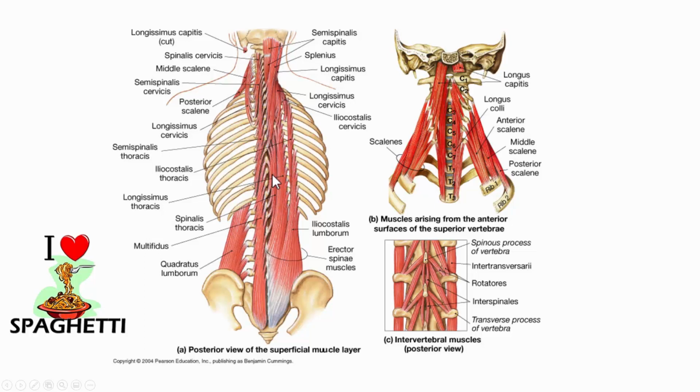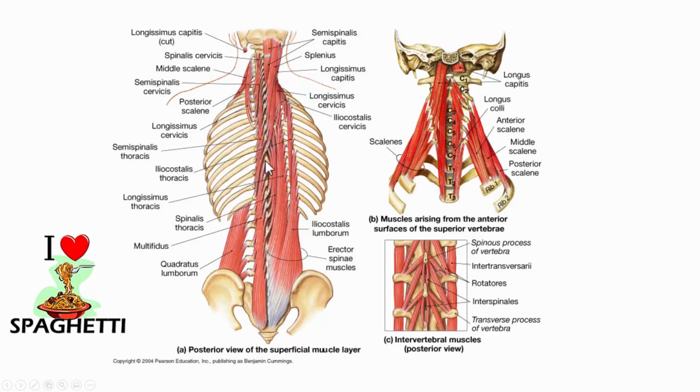The spaghetti, you can see it going from spinous process to spinous process. And so that's going to be called our spinalis muscles. And we have a spinalis thoracis. And way up here you can see the spinalis cervicis.